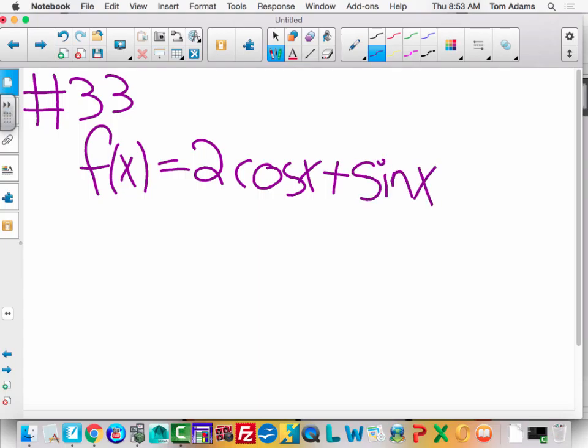And what we're asked to do is write this in the form f of x equals A times sine of open parentheses B, another open parentheses, x minus h.